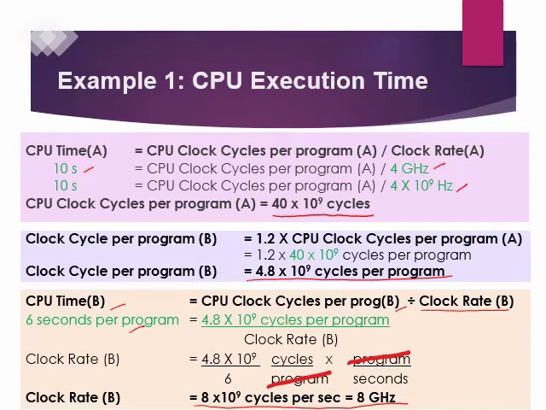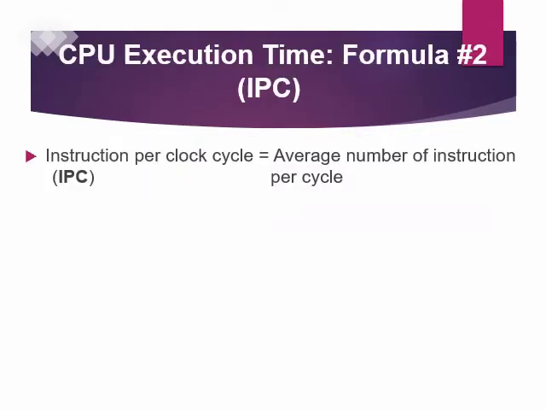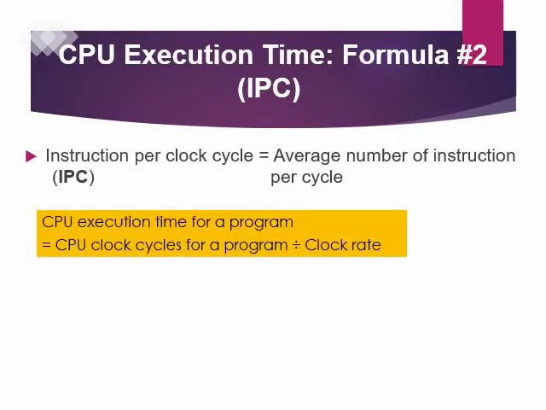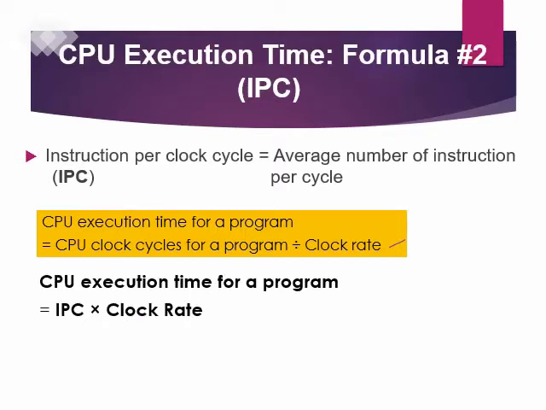So that's your answer. The second formula we're going to look at is the IPC, instruction per clock cycle. So let's have a look at the previous formula that we learned. Yeah, CPU execution time for a program is CPU clock cycle for a program divided by clock rate. Now to use IPC in the calculation of CPU execution time, we can use this formula.